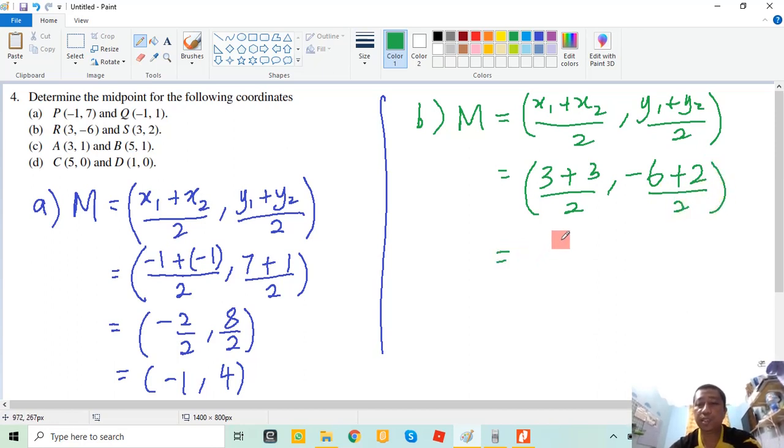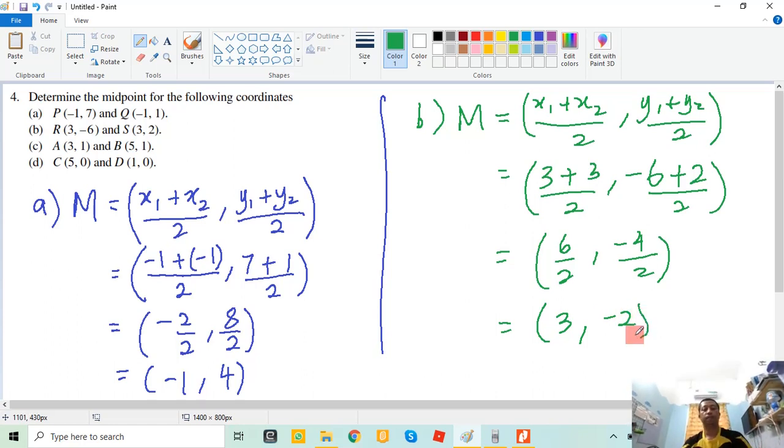So 3 plus 3 is 6, divide 2. -6 plus 2 is equal to -4, divide 2. And the answer is 6 divide 2 is 3, -4 divide 2 is -2. And this is the answer.